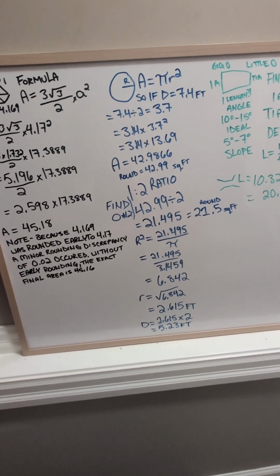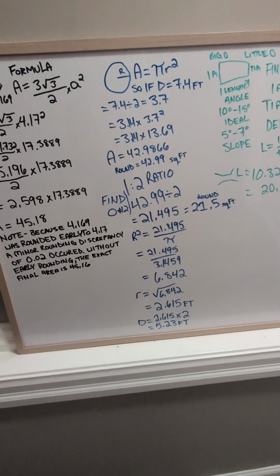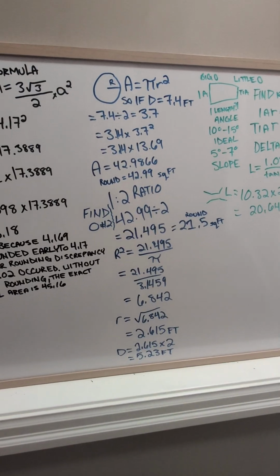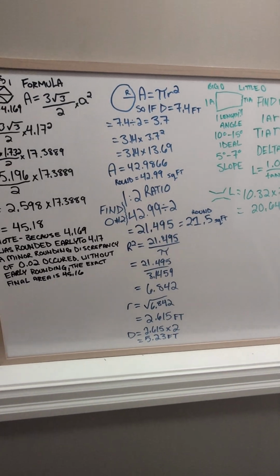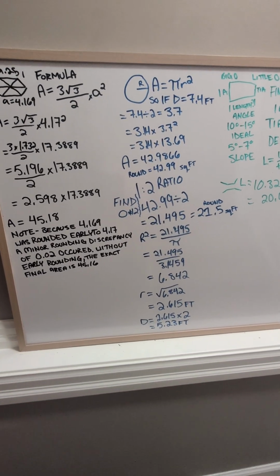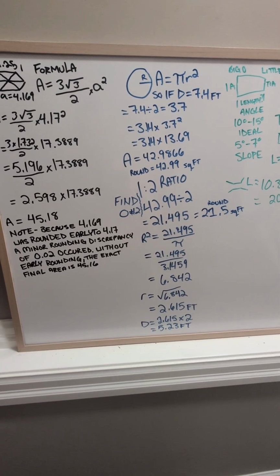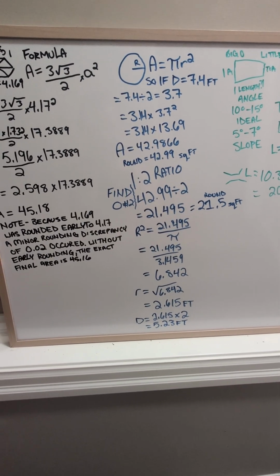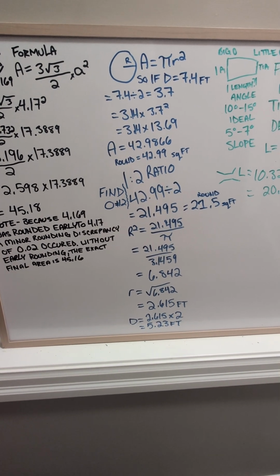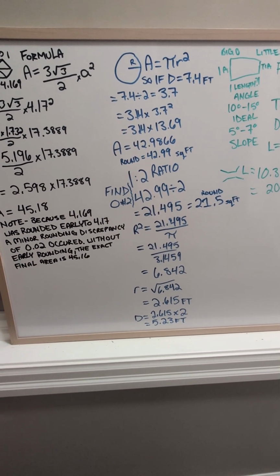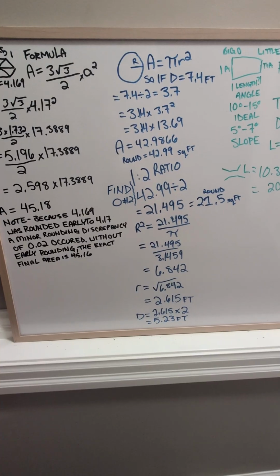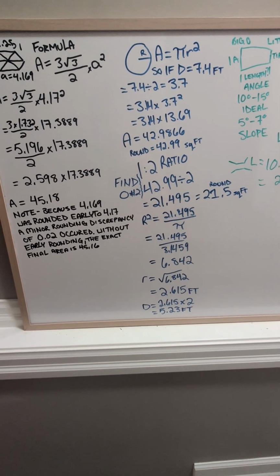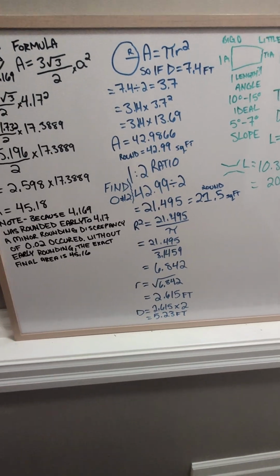So then we do reverse calculation. 21.495 divided by pi, we get 6.842. We square root that, and we get 2.615 feet. And then we times by 2, and that gives us the diameter of 5.23 feet.